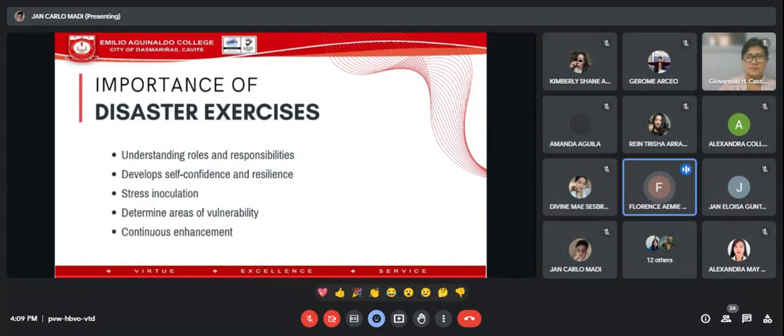So, disaster exercises can also serve as a diagnostic tool para mas ma-determine kung meron bang weakness or gaps doon sa mga emergency response plan, procedures, and system. So, by simulating yung mga realistic scenarios, yung mga organization can pinpoint kung ano-ano yung mga preparation plans or procedure that needs improvement.